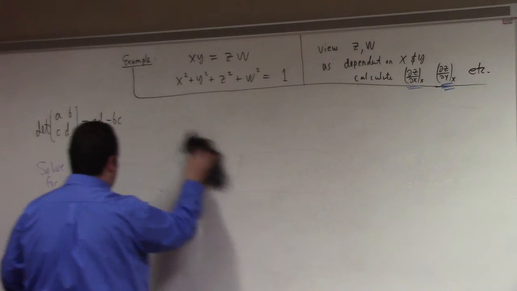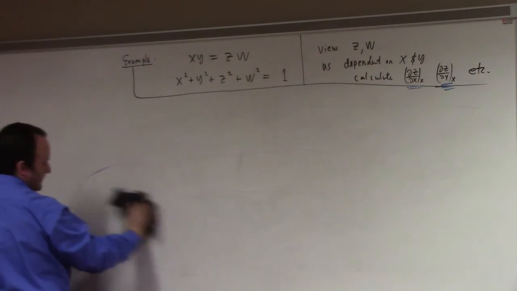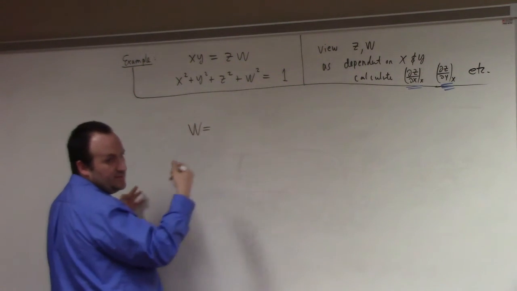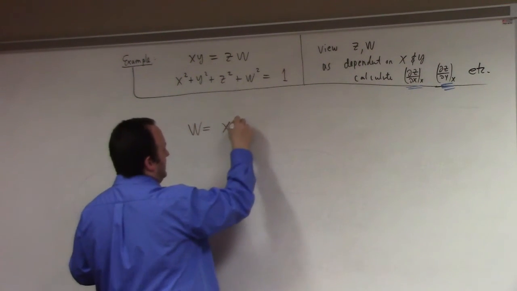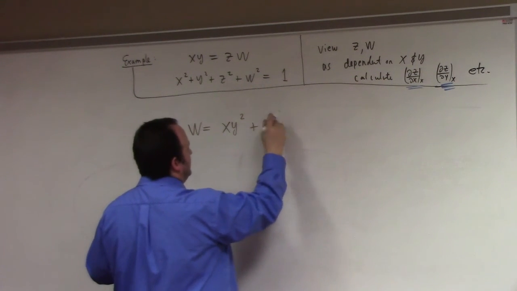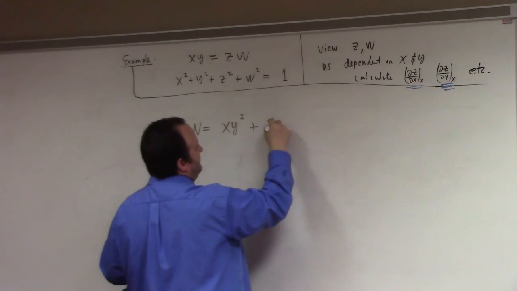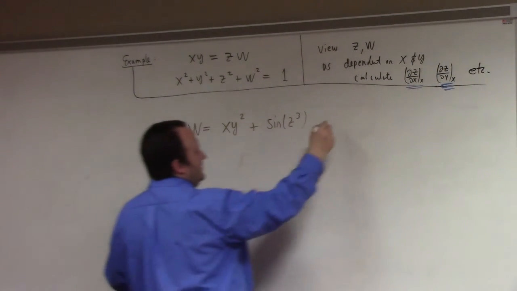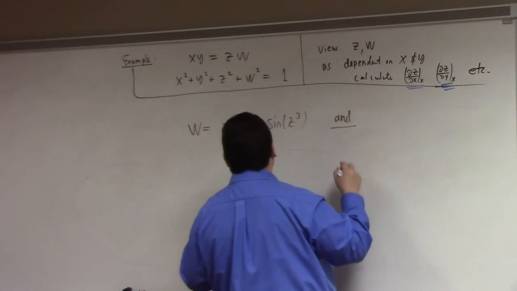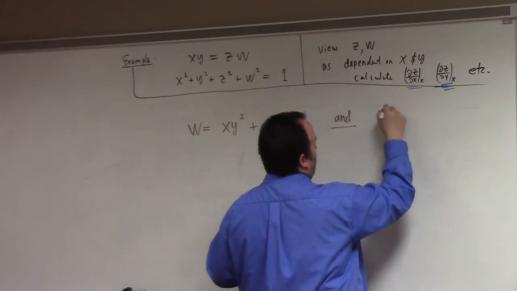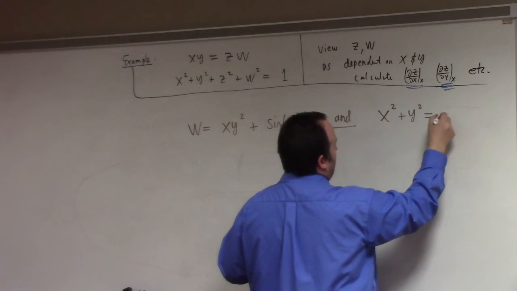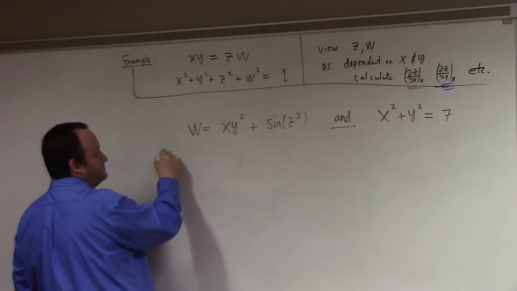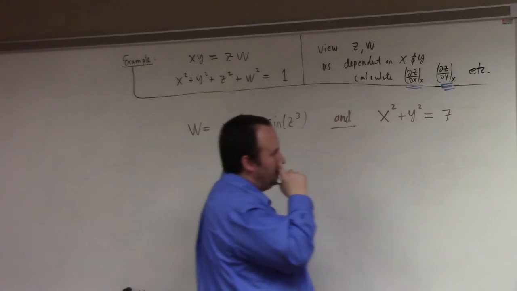So let me do one like yours, but not the same, yeah? That problem is more or less of the following form. It's something like w is equal to xy² plus sine of z³, something stupid like that. And you also know that x² plus y² equals 7. Maybe that's wrong.